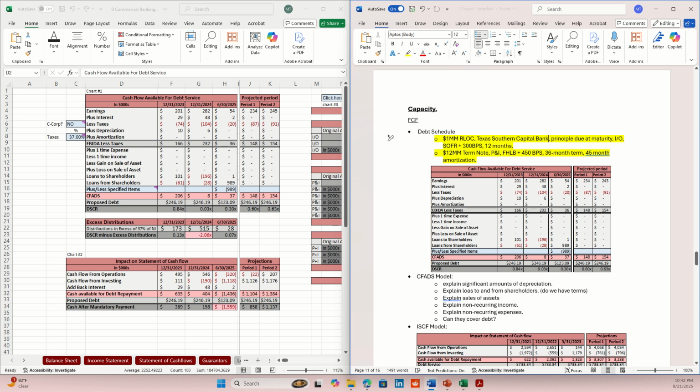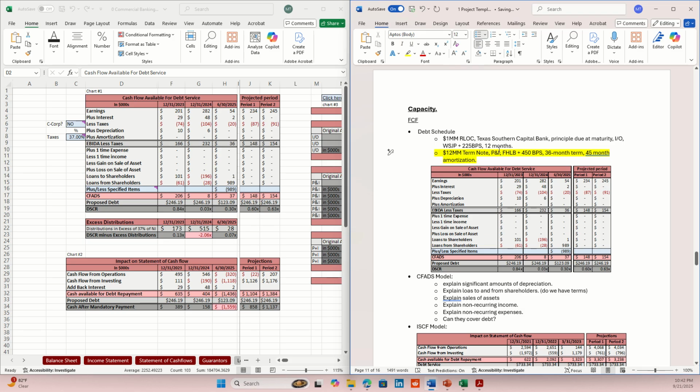That's who you guys work for. Principal due at maturity, interest only, not SOFR, Wall Street Journal Prime, plus 225 bips. Now remember, this is the loan that we're working on. That's why I changed everything to match my terms.